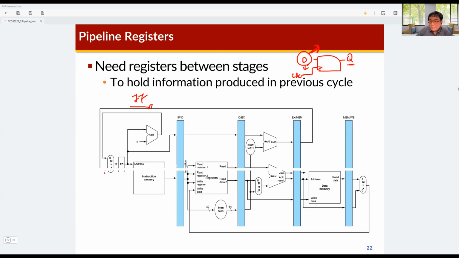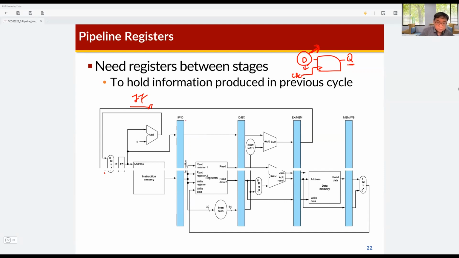But the basic concept of a pipeline design is that between two neighbor steps, just insert D flip-flops. The output of the previous step is sampled by the clock signal, and then this sampled data is provided to the next stage of the pipeline processor.